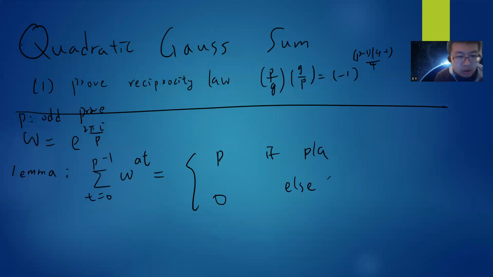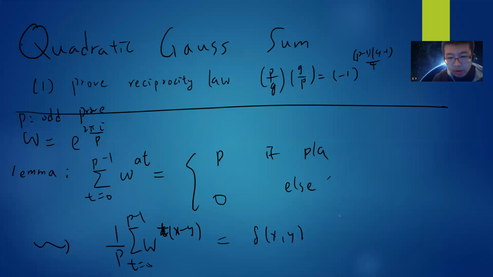This also gives you a simple fact: 1/p times the sum over t from 0 to p-1 of omega^(t(x-y)) gives you delta_xy. The delta_xy definition is just 1 if x is y mod p, else 0. Basically, you just change this a to be x minus y.